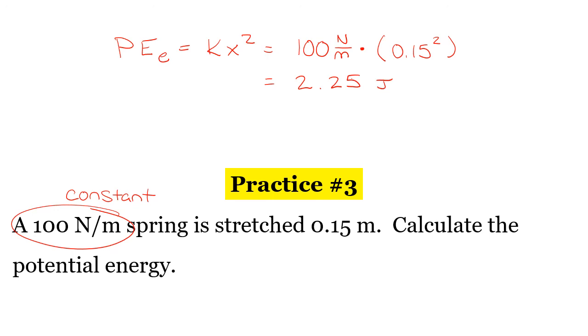That's it. So this is a tiny amount of energy that is stored in our spring. Most spring constants are around that number there. So, yeah, 2.25 joules. And that is how you work through the elastic potential energy problems. Just plug and chug.